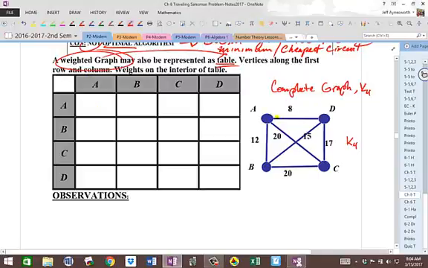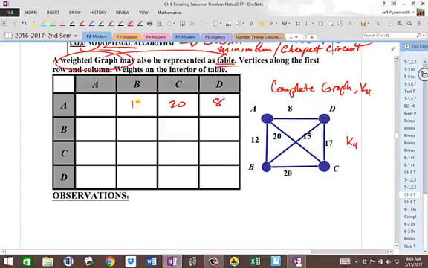So between A and D, edge AD is 8. This one's AC, A to C is weight 20. And A to B is weight 12.